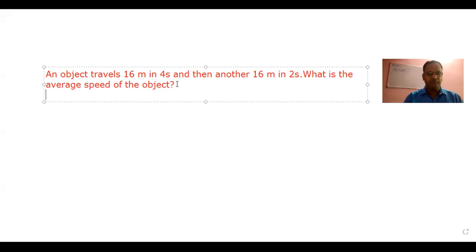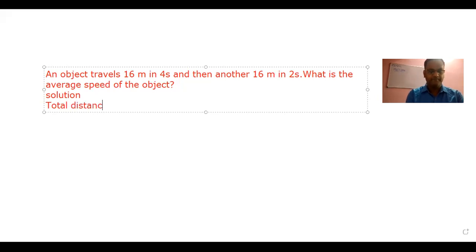Now we will be doing the solution of this numerical. First, we will be calculating the total distance traveled.